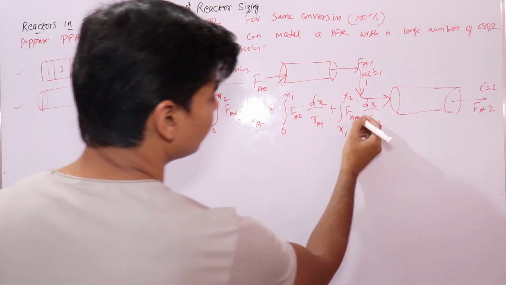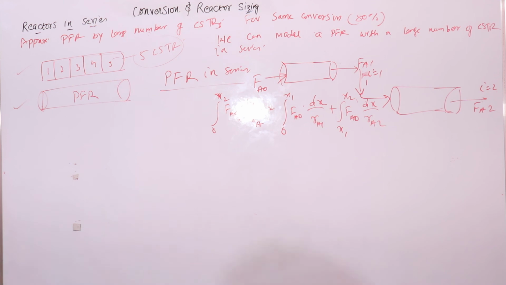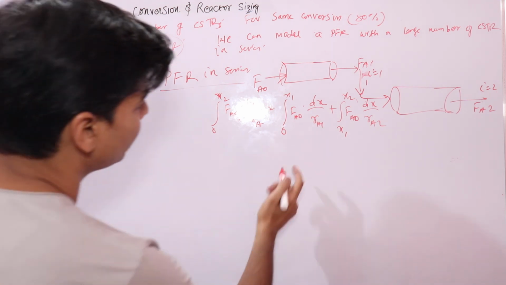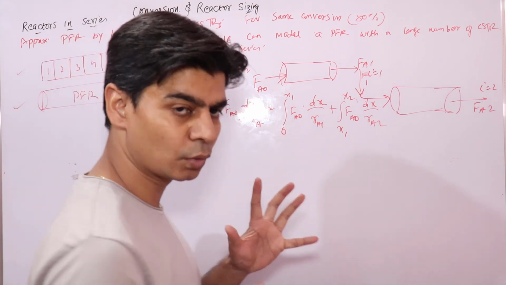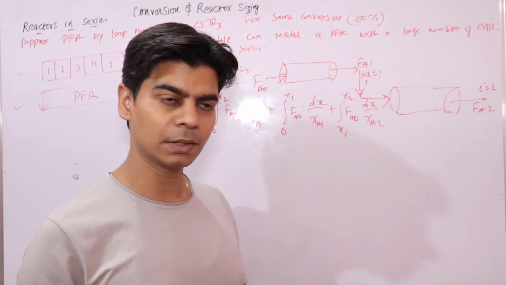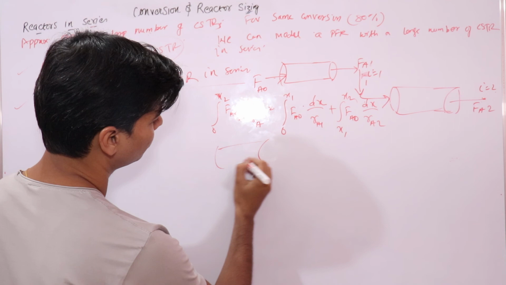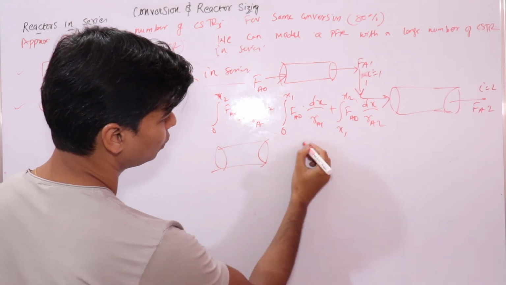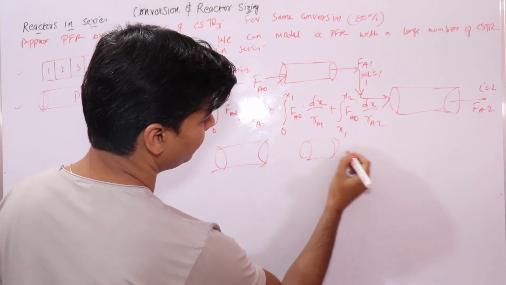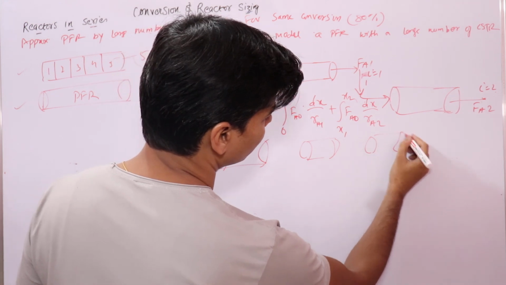I'm sorry, this would be FA0, what is there initially. So looking at this, what we conclude is that it does not matter whether you take one big PFR or several small PFRs.